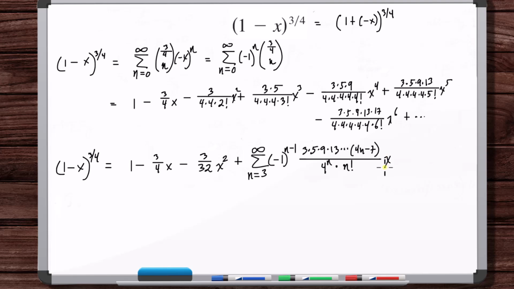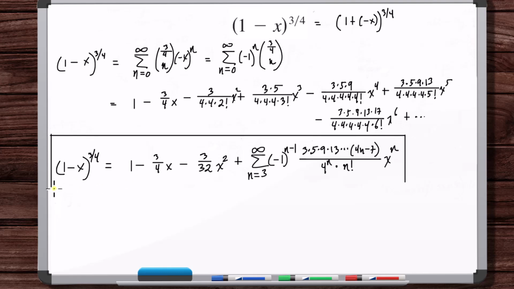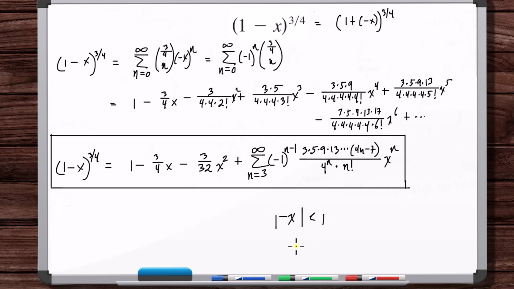And then x to the n. There we go. Now the radius of convergence is just going to be 1.